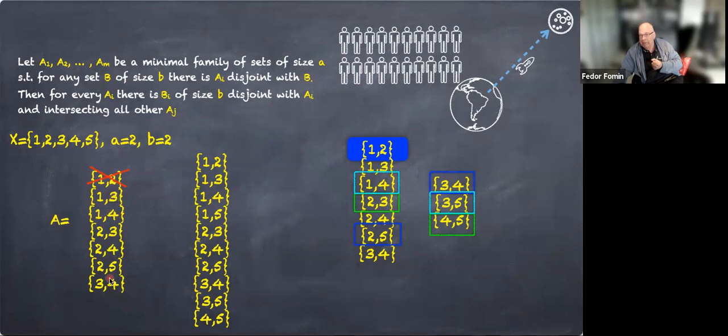In other words, if I have a minimal family of sets with this property, then together with some sets BI, they should satisfy the condition of the Bollobás lemma. And this will be the game I will be playing again and again with all these representative sets.